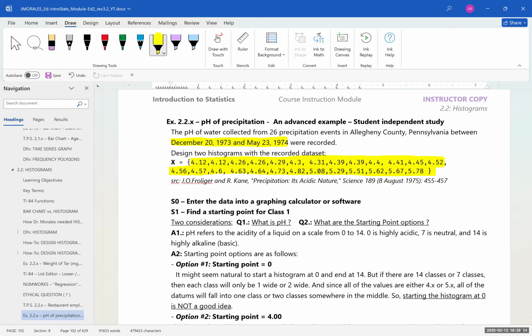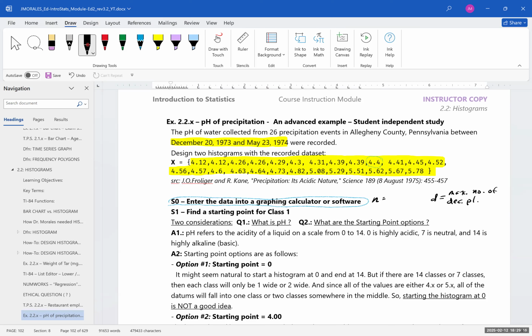Notice right away, these are all measured values. These all have two decimal places of accuracy. In some cases, you have values like this one, 4.4, and it appears it has only one decimal place of accuracy. If you remember, step zero was to look at your data and figure out what your sample size is, and also what the maximum number of decimal places you have.